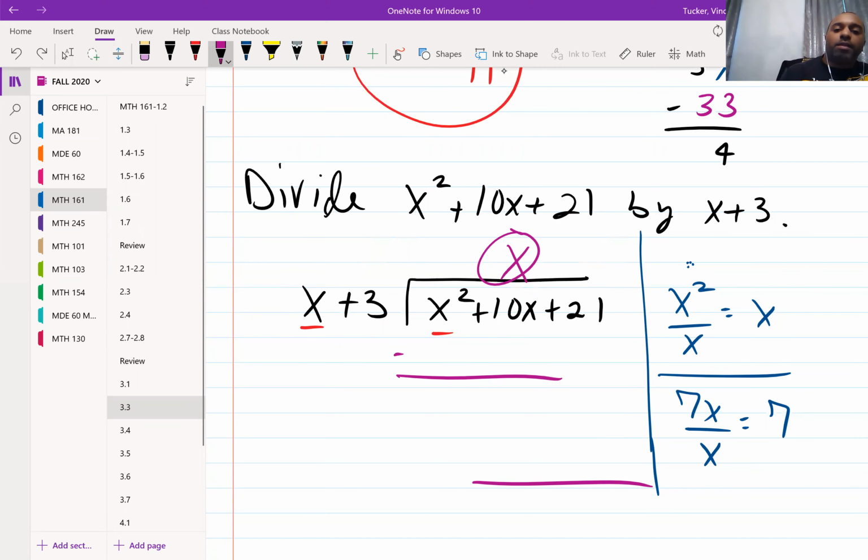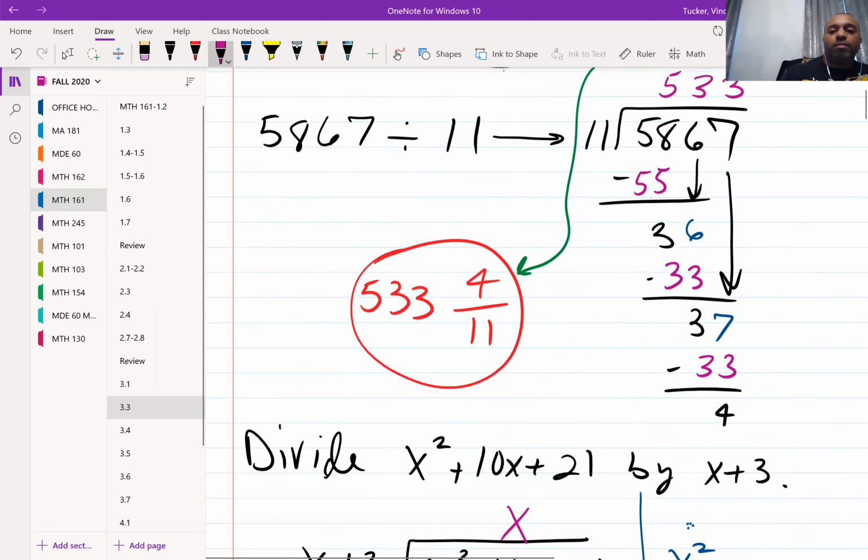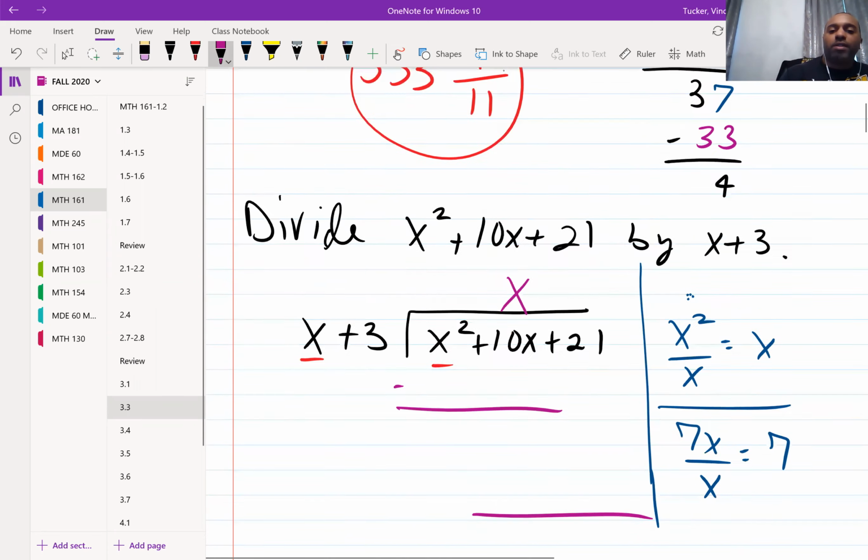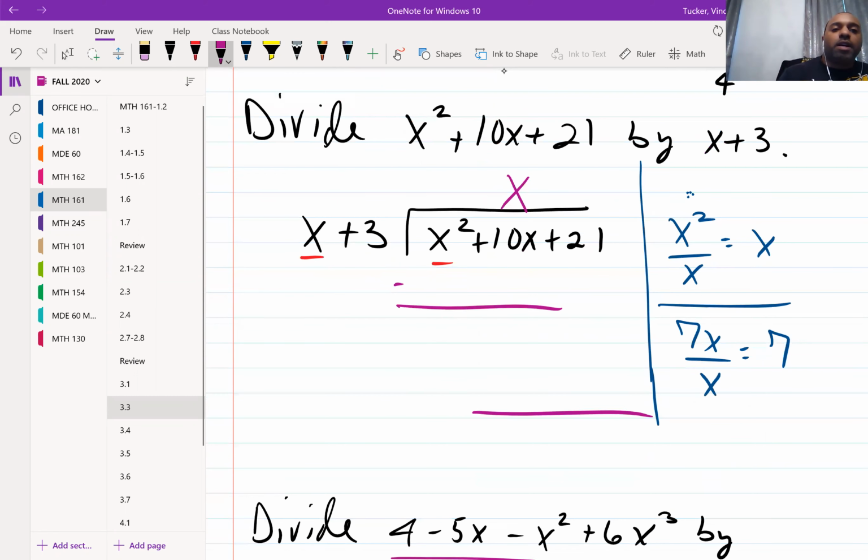So then we take this and multiply it to x plus 3. Same way that we did the 5 times 11, same process. So x times x will give me x squared. x times 3 will be 3x. Now, don't forget the next part of this process is to subtract, but you have to subtract both terms. So be careful here.